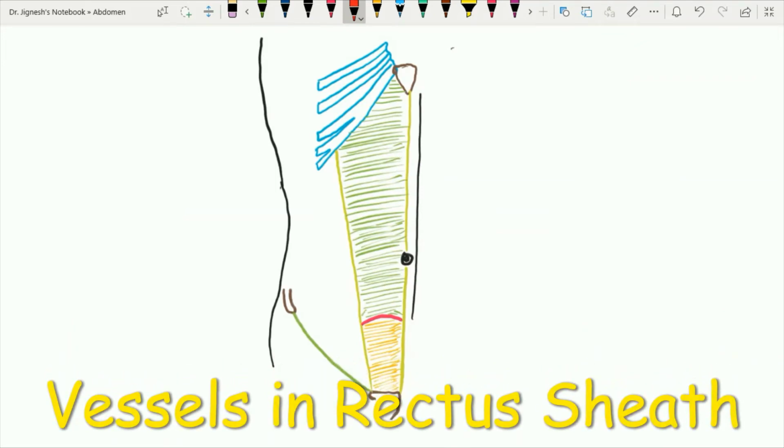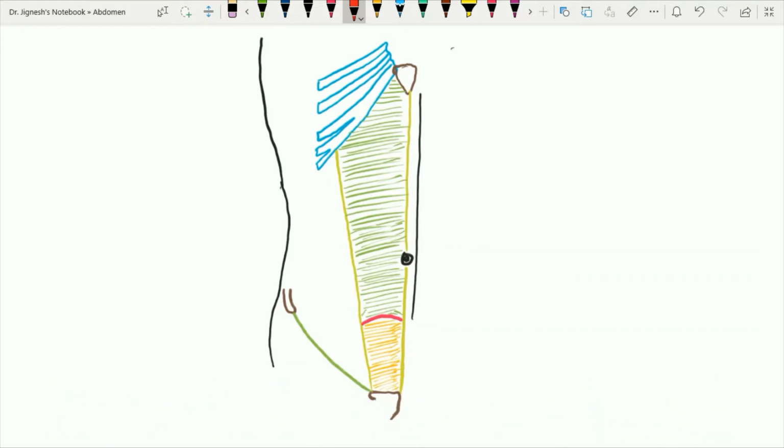Within the rectus sheath, two vessels are there, and these are the superior epigastric vessels and the inferior epigastric vessels. The superior epigastric vessels are present in the upper part of the rectus sheath, and it is a branch of the internal thoracic artery. The superior epigastric vessels enter within the rectus sheath at the gap between the xiphoid process and the 7th costal cartilage.